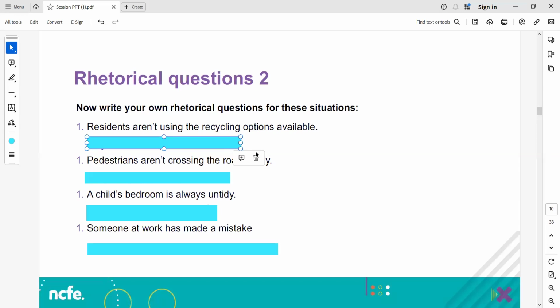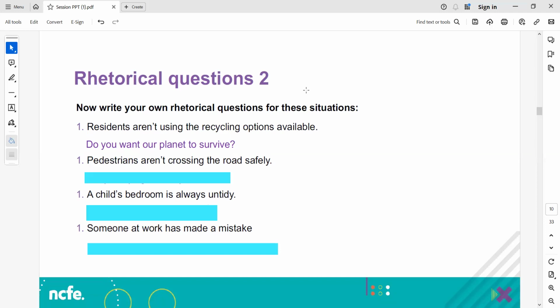Okay, let me show you the first one. So why do people recycle? Because we want to stop climate change. We want to stop using all the world's resources. So, rhetorical question: do you want our planet to survive?